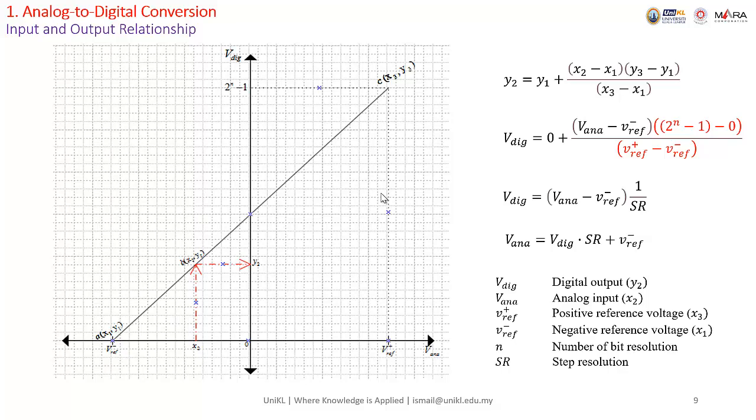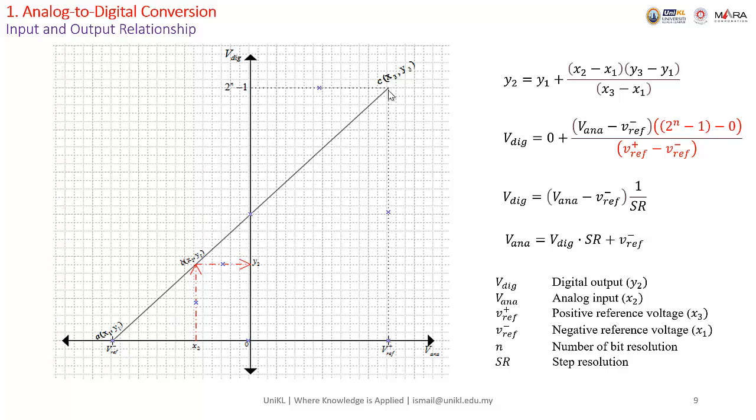It can swing from minimum VREF negative to maximum VREF positive. Whenever it is at VREF negative, at the y-axis the corresponding voltage is 0. When the voltage swings up to VREF positive, the output is 2 power of n minus 1, the digital value.